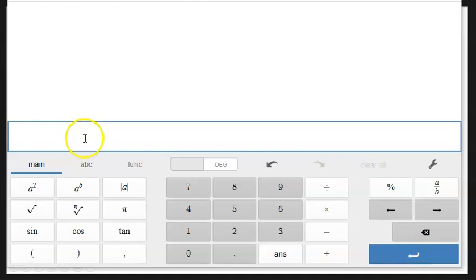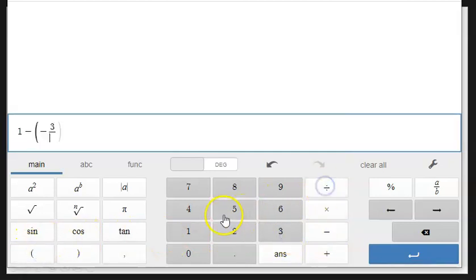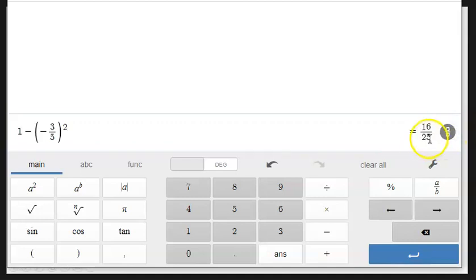Using our decimal scientific calculator, let's subtract 1 and negative 3/5 to the second power. In decimal we have 0.64, but we want to keep it as a fraction. So I'm going to click this button right here to convert to fraction, and we'll have 16 over 25.